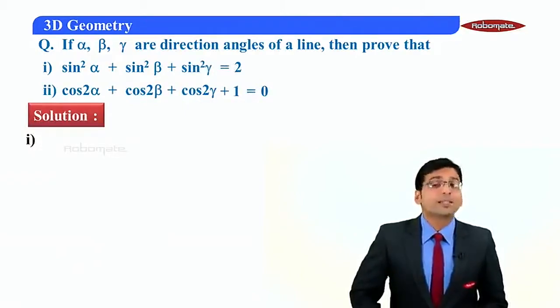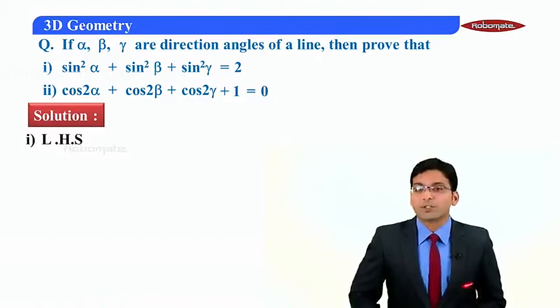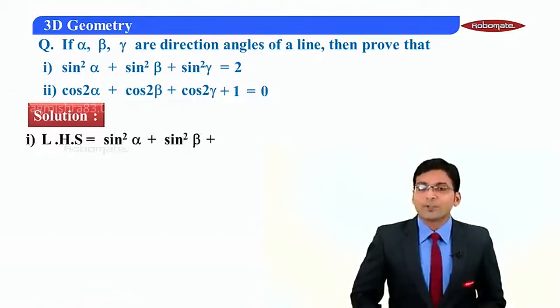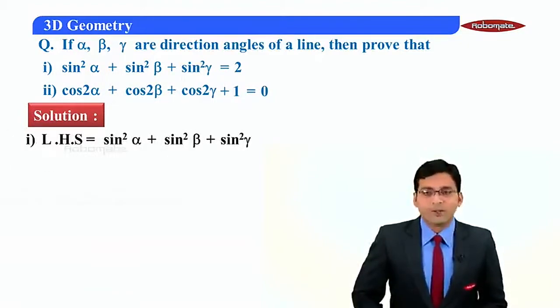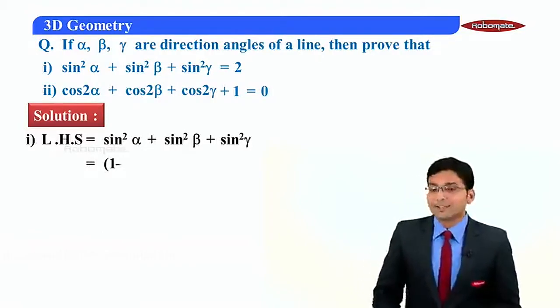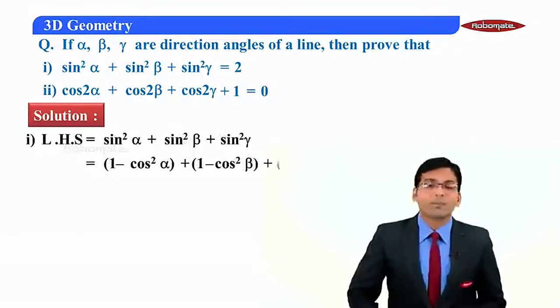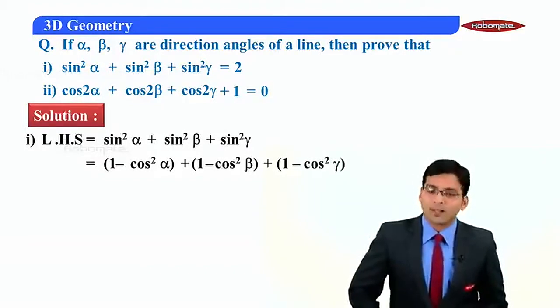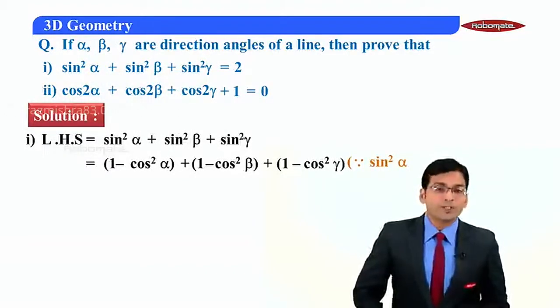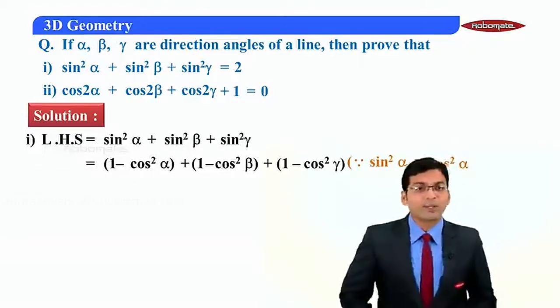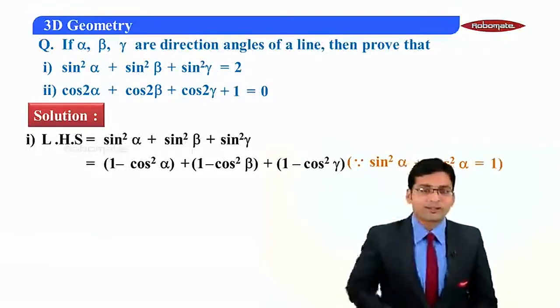So we'll start with left hand side of the first question, that is sine square alpha plus sine square beta plus sine square gamma. Students, we can write sine square as 1 minus cos square alpha plus 1 minus cos square beta plus 1 minus cos square gamma. This will be because sine square alpha plus cos square alpha is always 1. Fine.